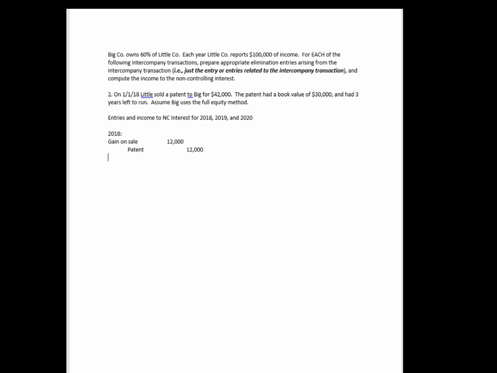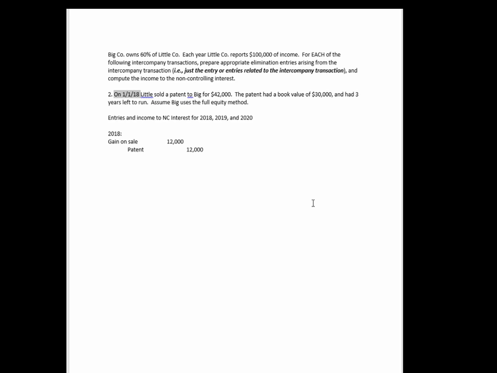Second order of business is, do we need to recognize some of the gain or loss? Now in this case, the transaction took place on January 1st. That means that Big, the new owner, is computing and recording amortization expense based on the inflated value of $42,000. They're going to record $42,000 over 3 years, or $14,000 per year of amortization expense.